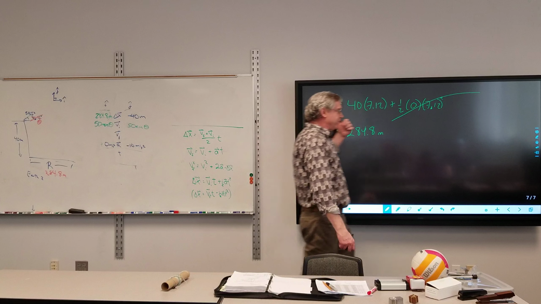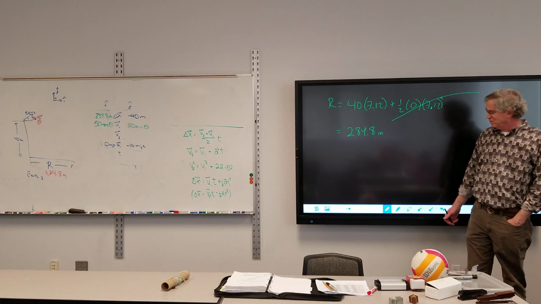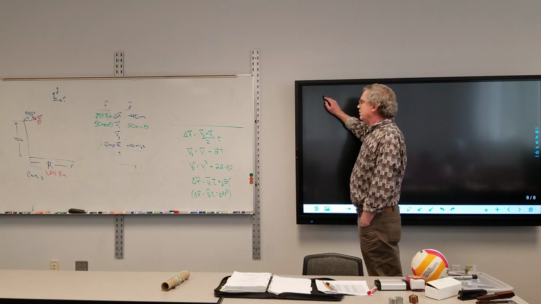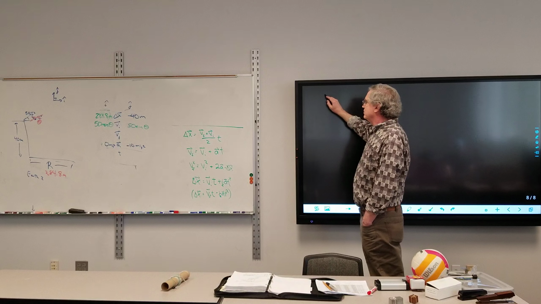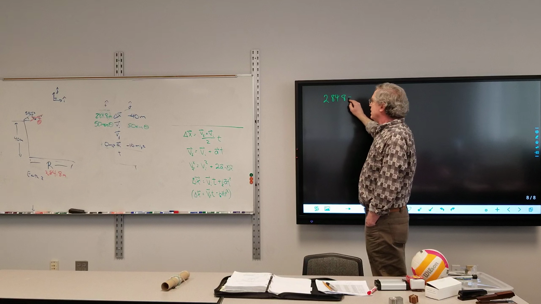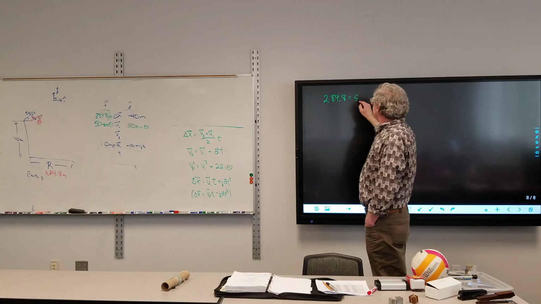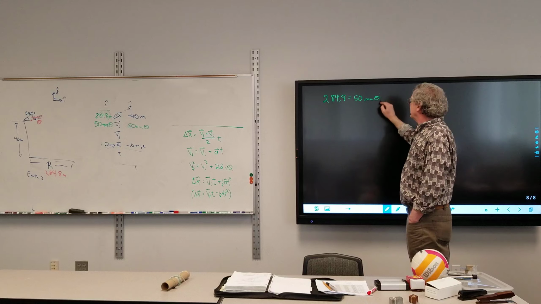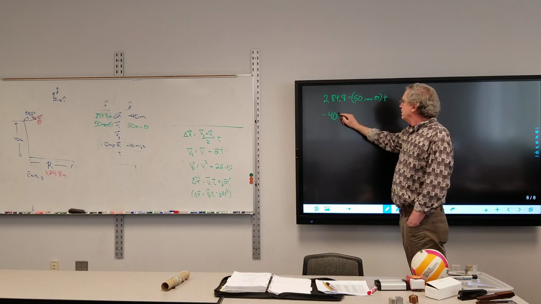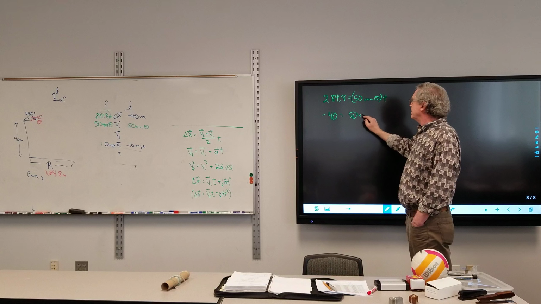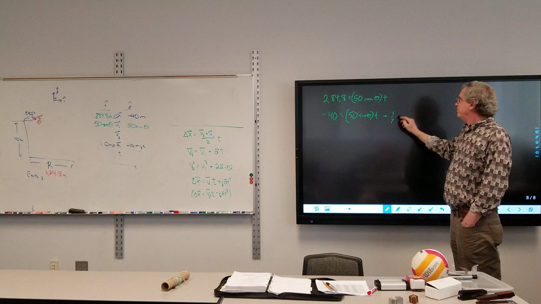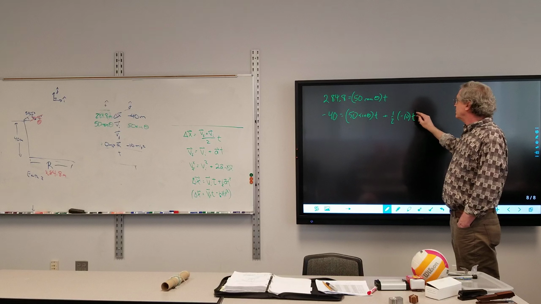If we plug into that fourth formula yet again, plugging in the horizontal, 284.8 equals 50 cosine of theta times time, and negative 40 is equal to 50 sine of theta times time, plus 1/2 negative 10 t squared.